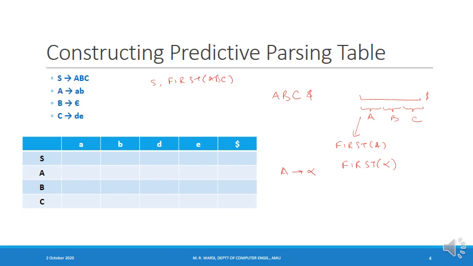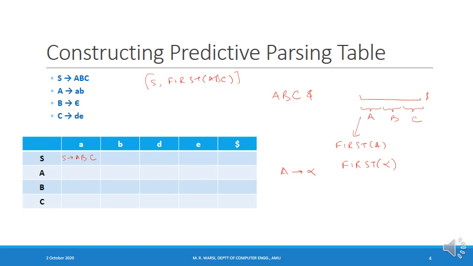This is the location where I'll be adding this production of the grammar. First of ABC is small a. So this production will be added at the location S comma small a. So here I add the production S derives ABC.